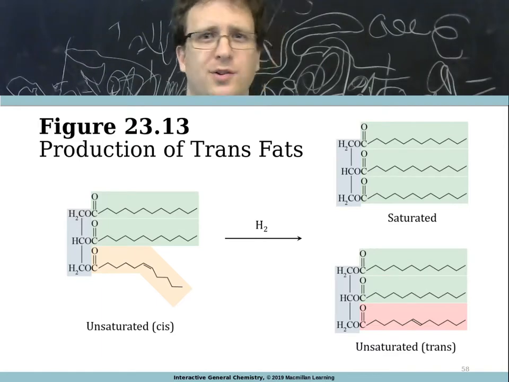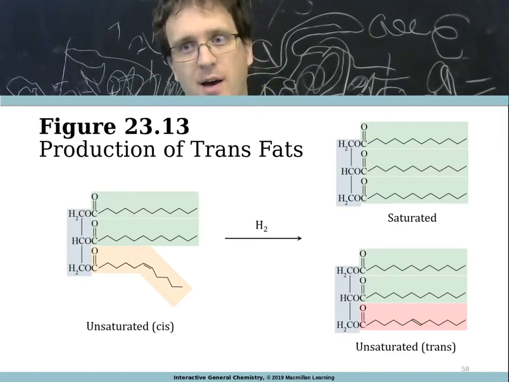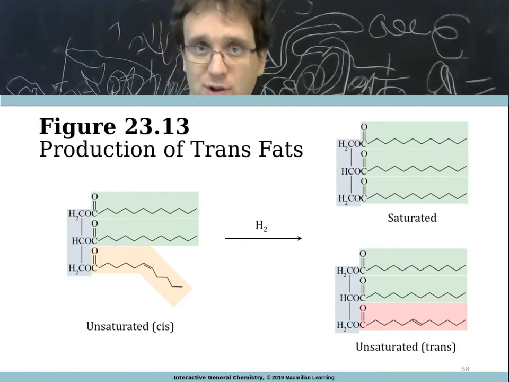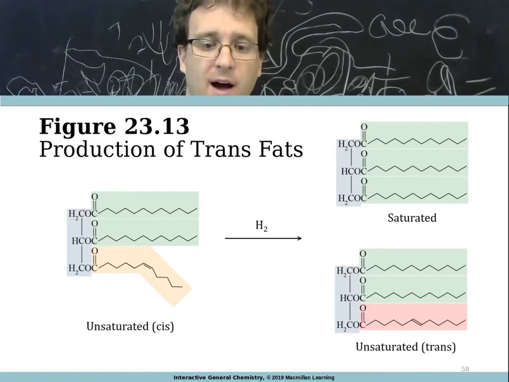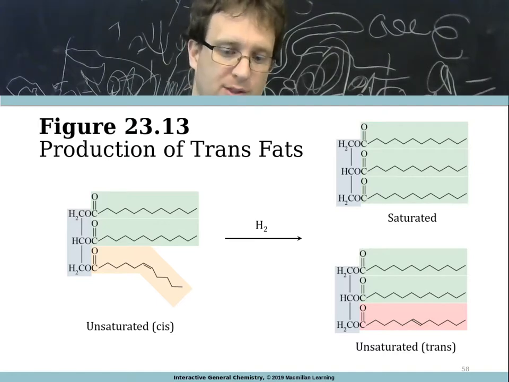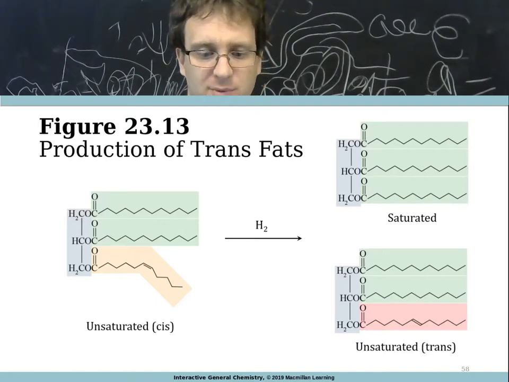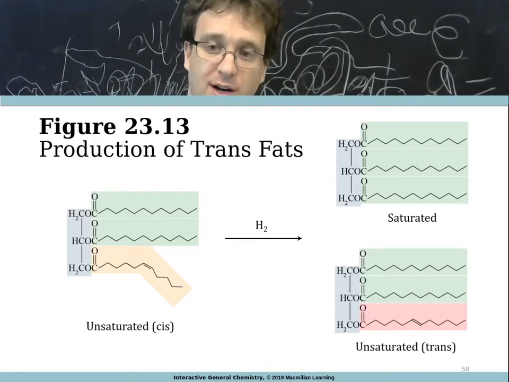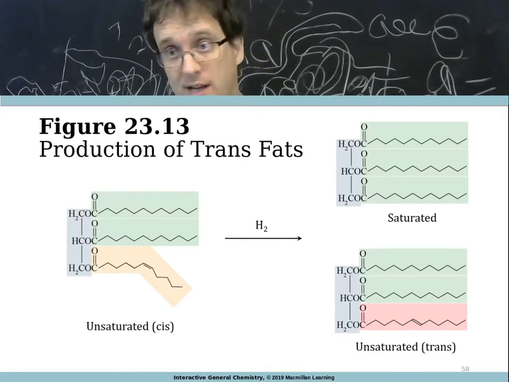Well, margarine came in and said, well, now we've got a non-dairy product that is still solid like butter, and what they did is took these natural vegetable oils and they hydrogenated them. They added hydrogen and they converted some of those unsaturated triglycerides into saturated ones. Okay, so that's a fine process.